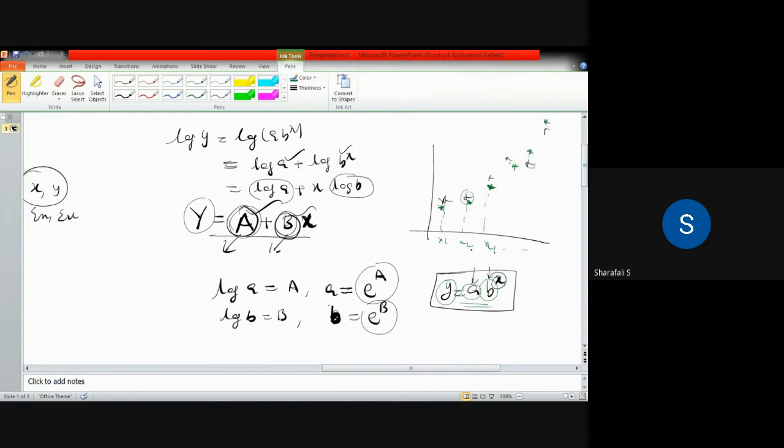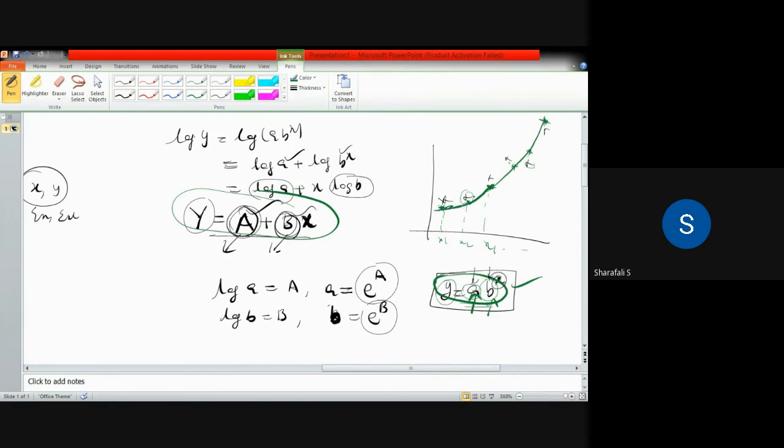So this is the y value by using this equation with the a and b that you have calculated by the linear method. Then you substitute that in this equation, and you will get y equal to something like this. So this is your curve for these particular data points.